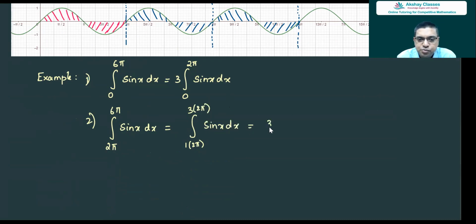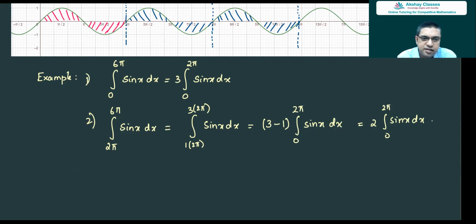So answer should be 3 minus 1 times integral 0 to 2 pi. So it will be twice of integral 0 to 2 pi sin x dx.